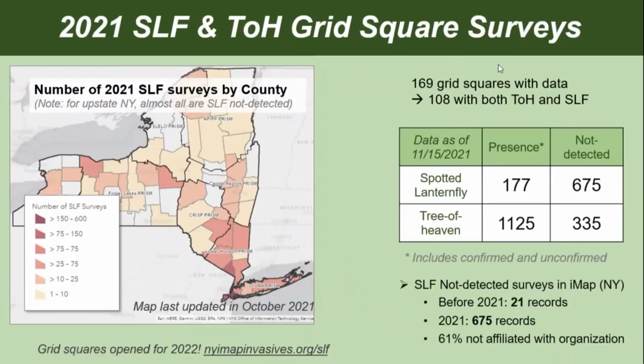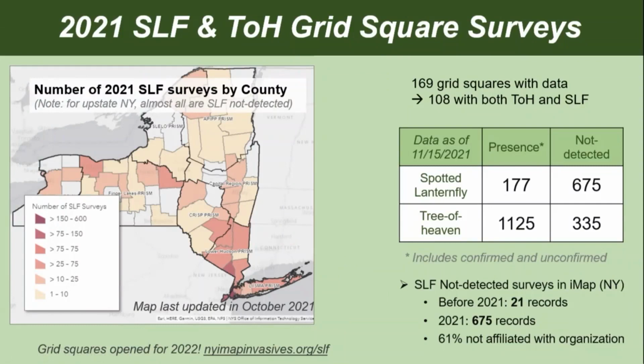And we had 169 grid squares claimed. I'll explain what those grid squares are later. Oh no, sorry, we had more than that claimed, but 169 people actually submitted data for spotted lanternfly and tree of heaven. And you can see in that table that we got hundreds of records throughout the year.